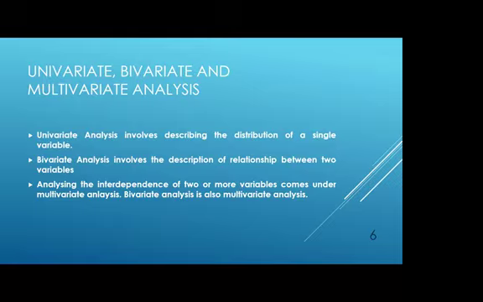Then if you are talking about relationships or two variables, you get bivariate. And multivariate is a more generic term which talks about two or more variables. So from that angle, bivariate analysis is also multivariate analysis. I think I had gone through this brochure, so there is also one session on multivariate analysis, where it will be discussed more.